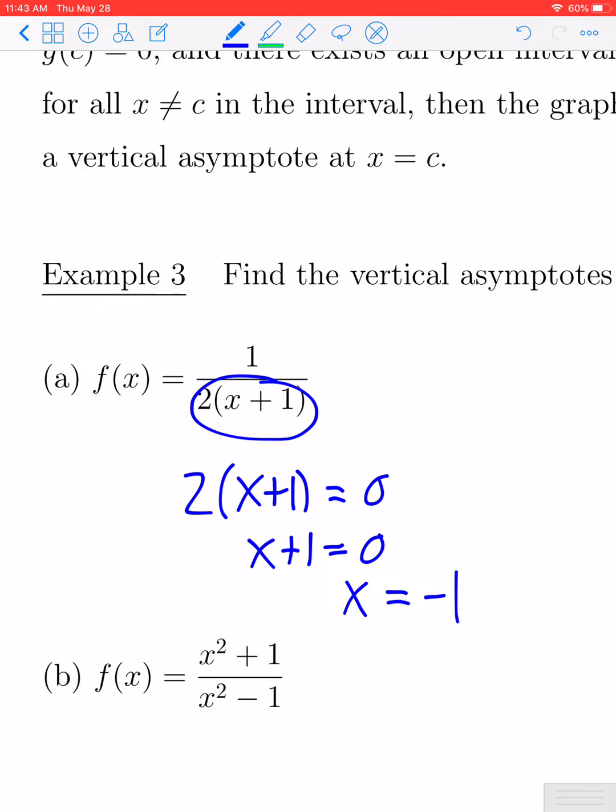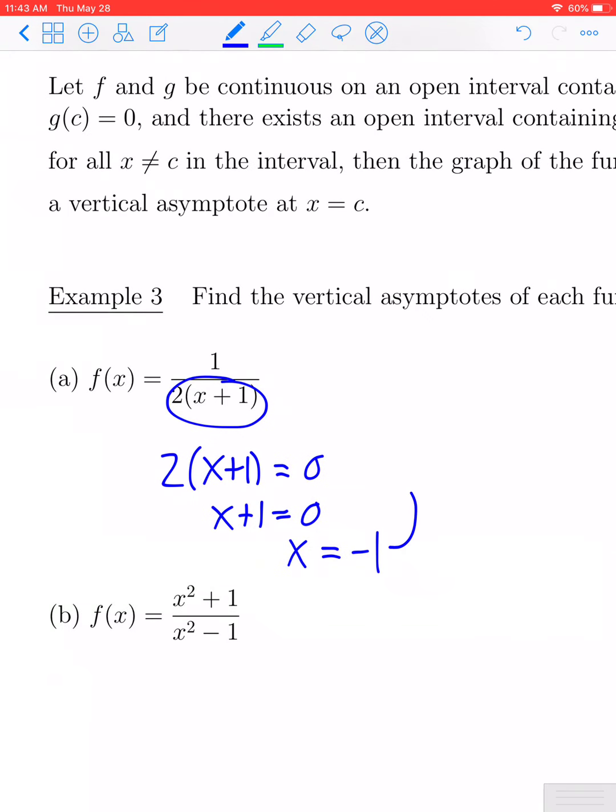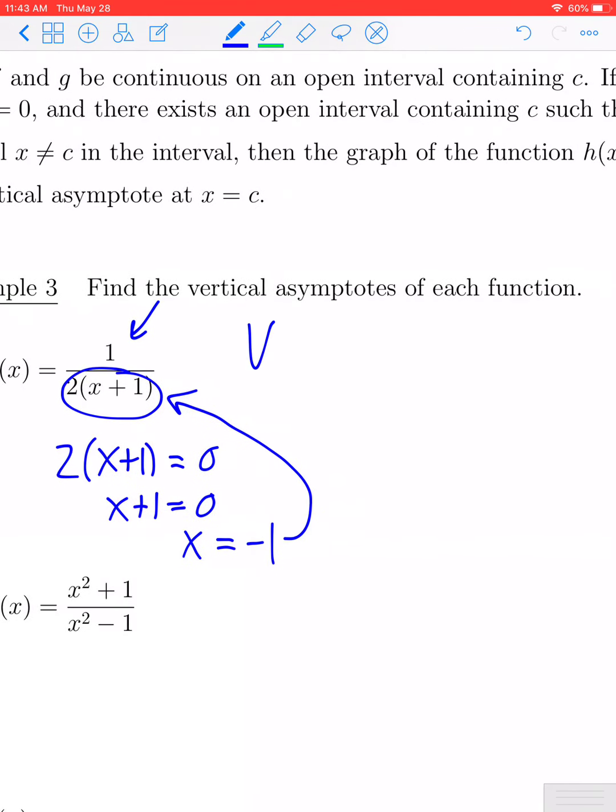Subtract 1 from both sides, we would get x equals negative 1. This value, x equals negative 1, makes the denominator 0, and it simultaneously would not make the numerator 0. The numerator is just a constant function 1. So we would know that the vertical asymptote for this function would be the value x equals negative 1.